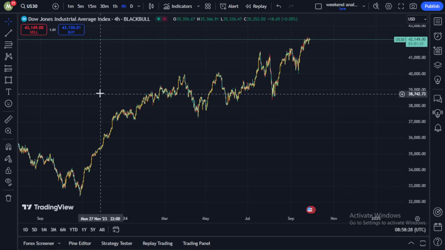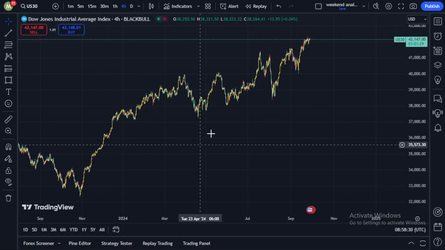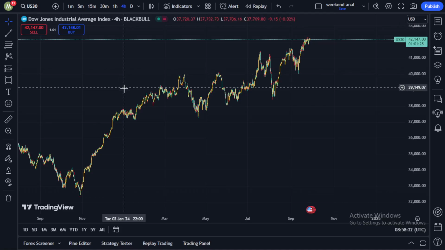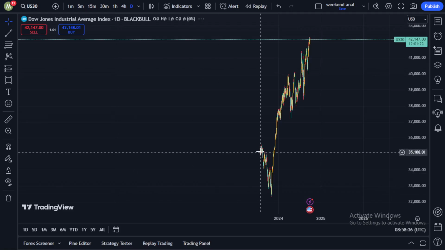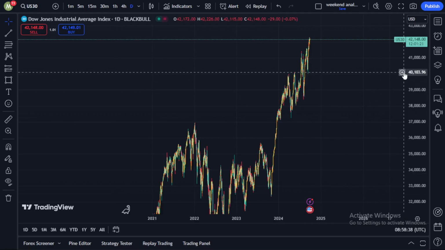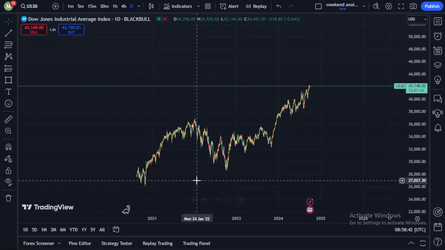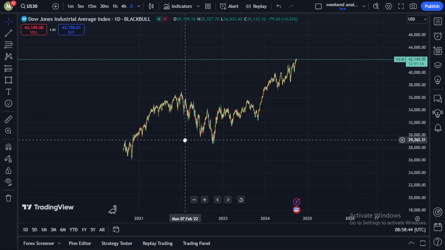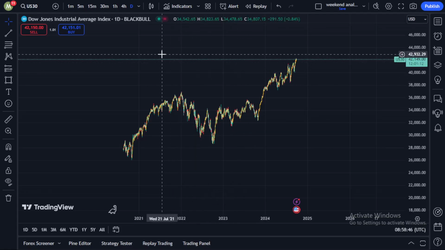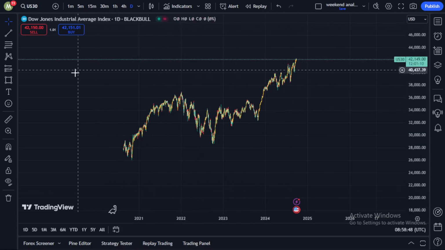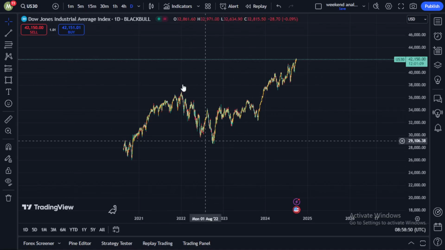So we are on US30 on the 4 hour time frame. You would want to start on a higher time frame like the 4 hour or sometimes even the daily, if you're not feeling the 4 hour time frame, guys. The difference between time frames is how long they take to form a candlestick.